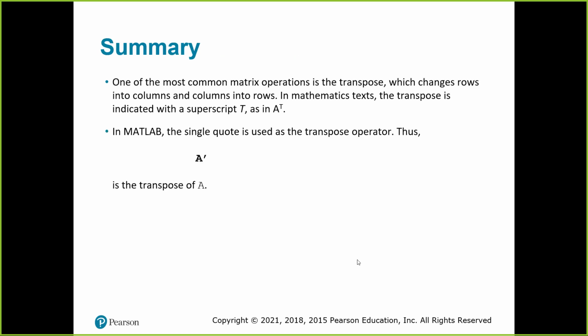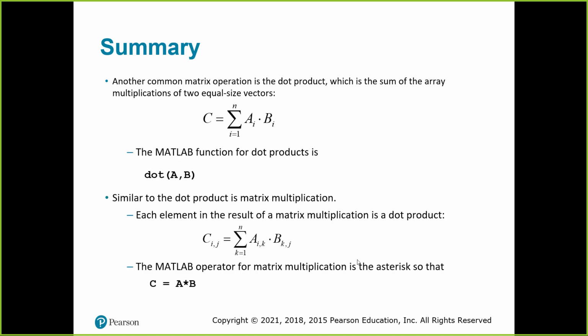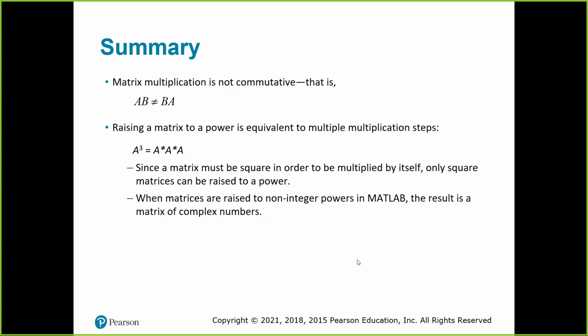Okay, so summary. Transpose, we've been using it. Now you know what it does. It transposes rows to columns. Dot product is a summation of the product of the two vectors. Matrix multiplication is just a whole bunch of dot products put together into a resultant.